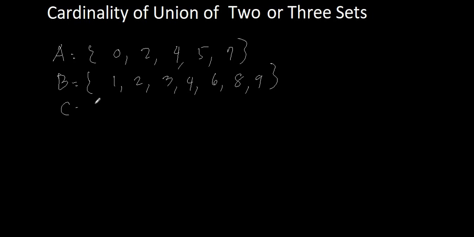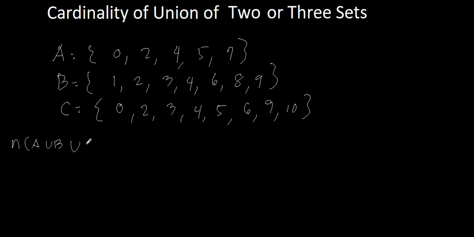And set C containing the elements 0, 2, 3, 4, 5, 6, 9, and 10. Okay, let's determine the cardinality of A union B union C.